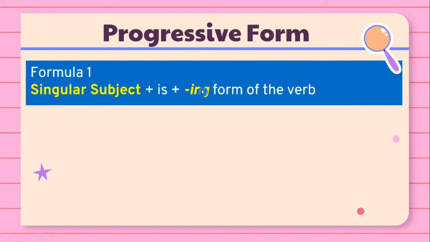So we have singular subject plus is plus the ing form of the verb. Let's say, for example, you have the base form of the verb, which is bike. So your ing form of this verb should be biking. You have bake, that becomes baking. You have listen, that becomes listening.